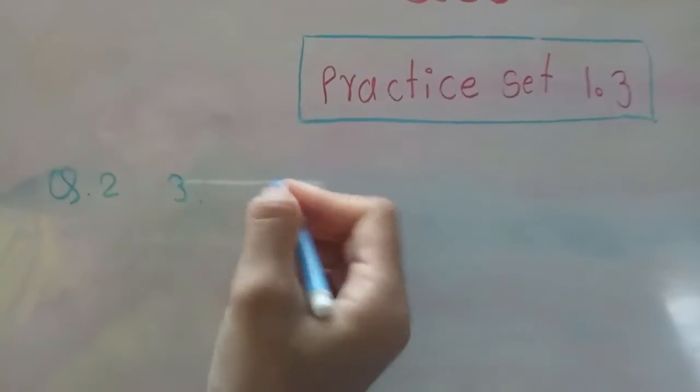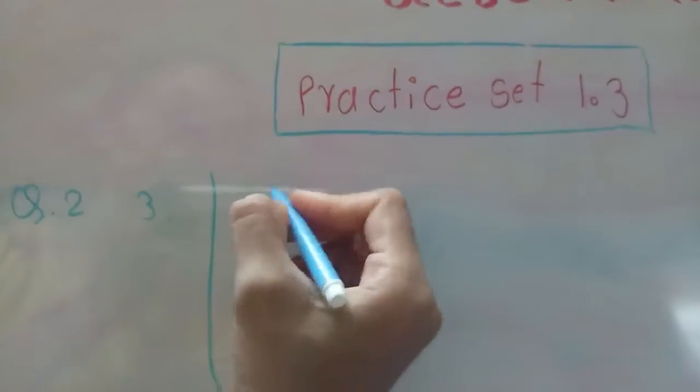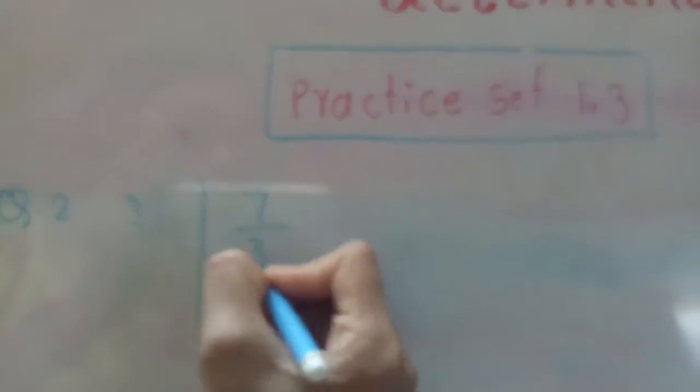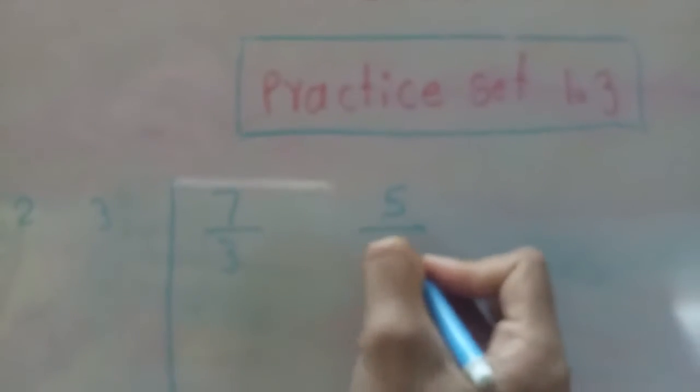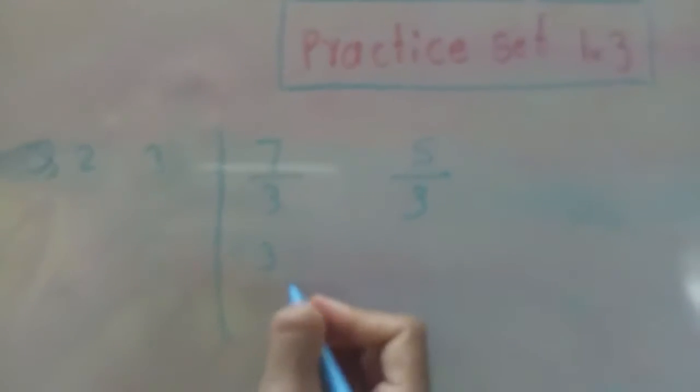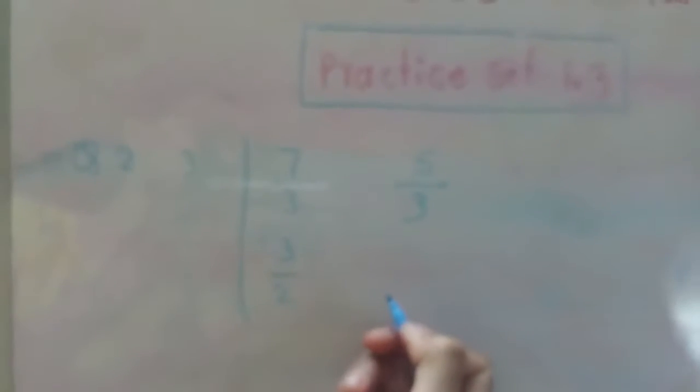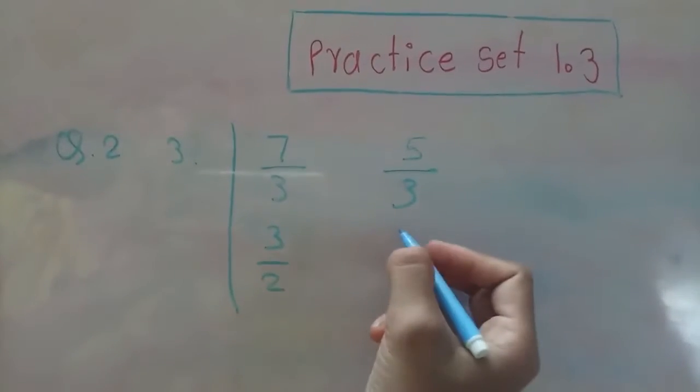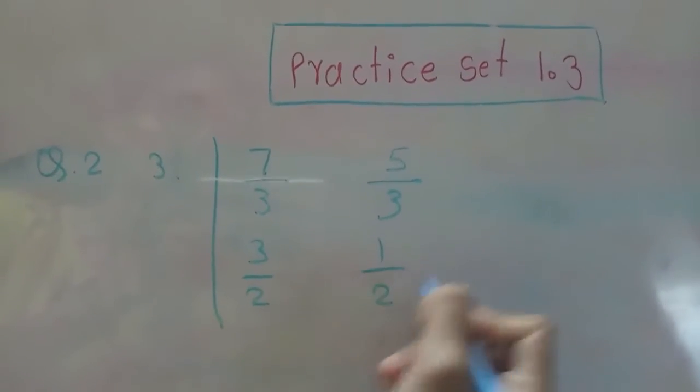Third question is, find the value of determinant 7 upon 3, 5 upon 3, 3 upon 2 and 1 upon 2.